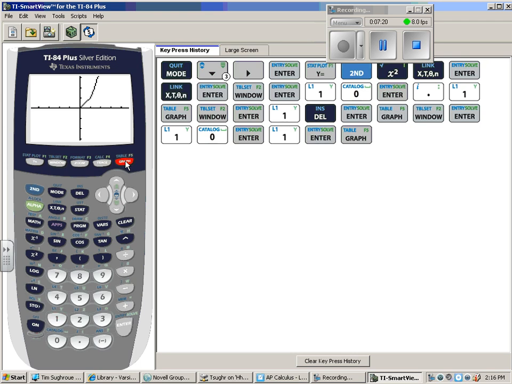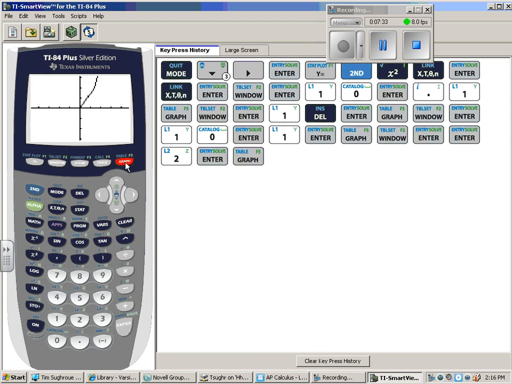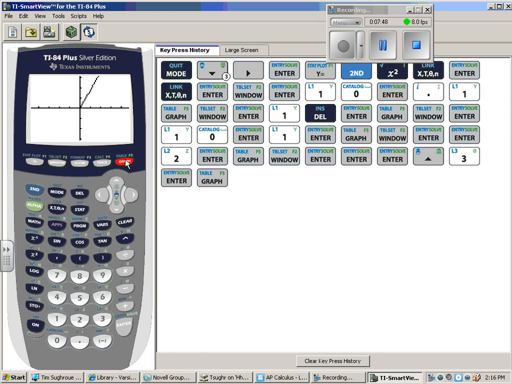As a matter of fact, if I change the t step to, let's say, 2, watch what happens here. If I make it 3, it's even worse. And if I graph this, it doesn't look like a parabola at all.